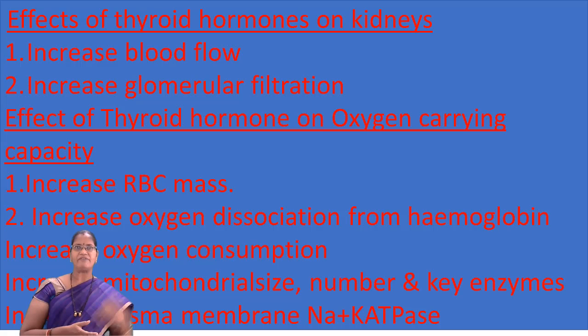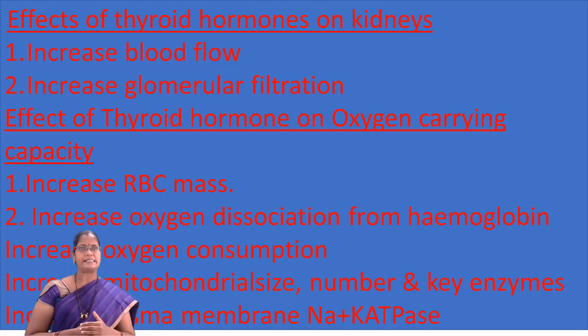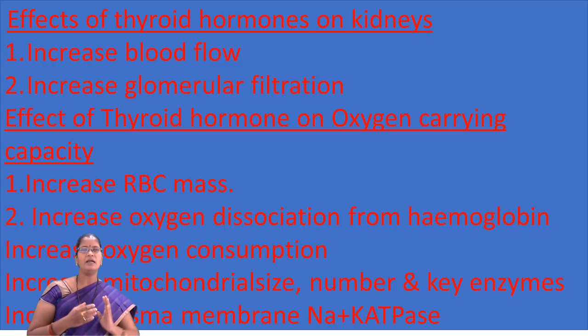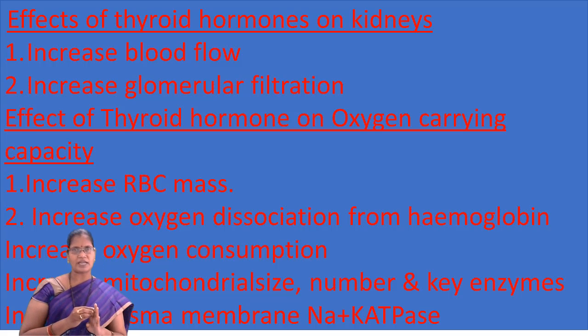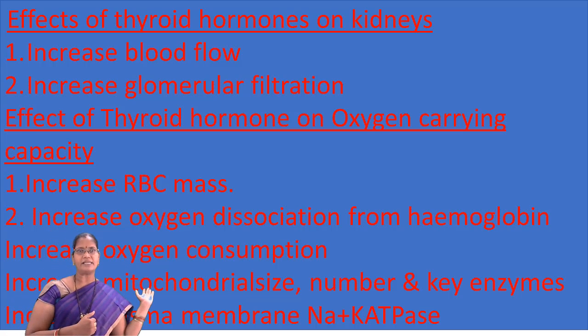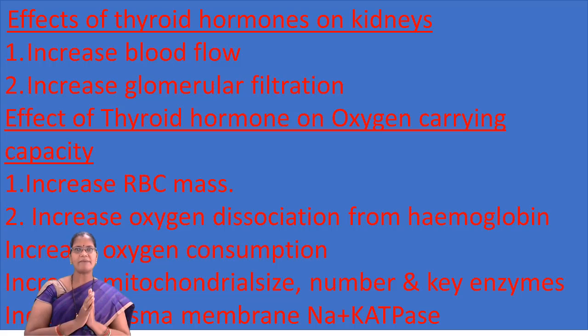Now we will see the effects of thyroid hormone on kidneys. Thyroid hormones increase the blood flow to the kidneys. They increase the glomerular filtration. As the rate of blood flow is increased, glomerular filtration will be increased. Next, coming to the effect of thyroid hormone on oxygen carrying capacity. Mainly they increase RBC mass. Once the mass is increased, what will happen? Oxygen availability increases.